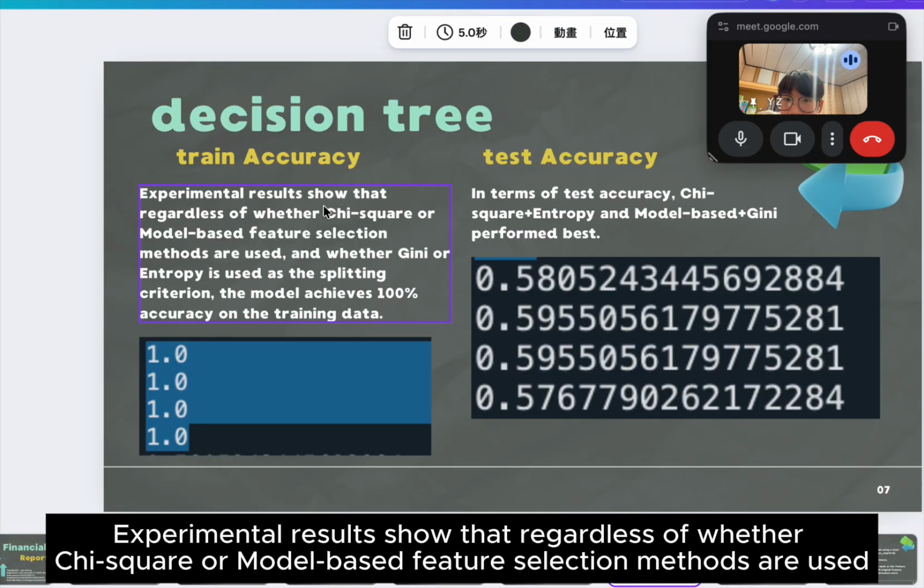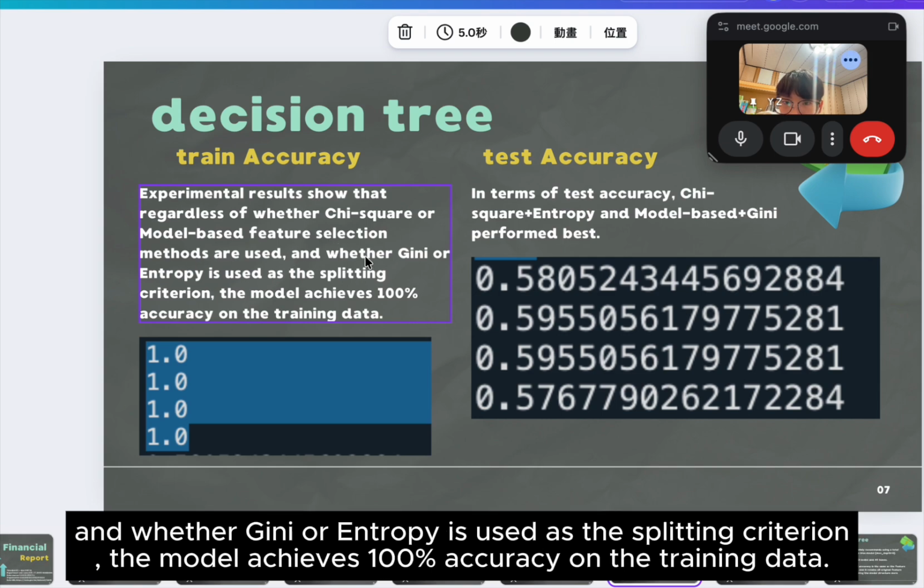This research shows that regardless of whether the train score or the middle behind finance loading are used, and whether Gini or entropy is used as the split criterion, the model shows 100% accuracy on the training data.